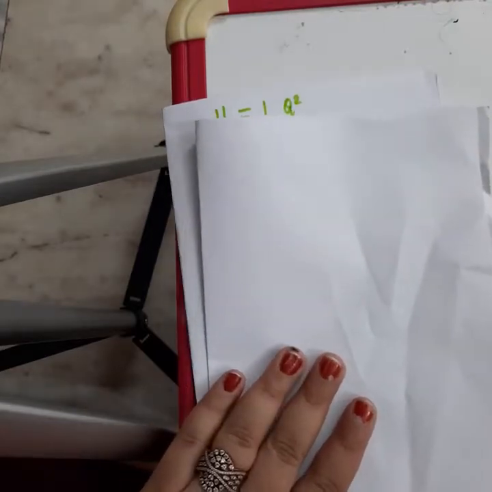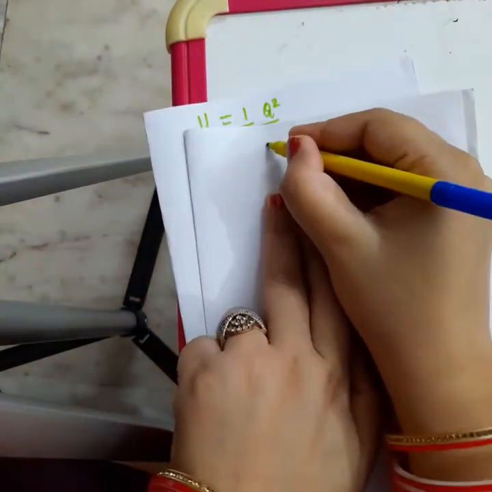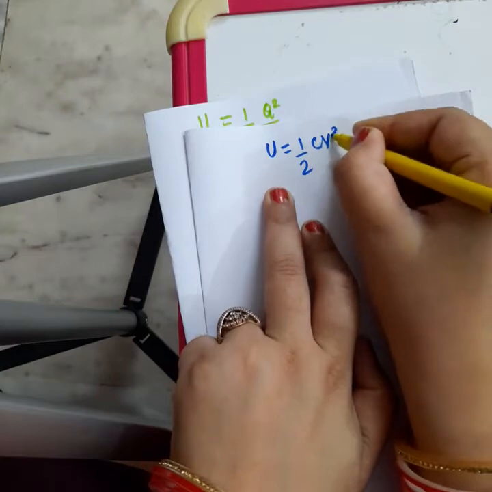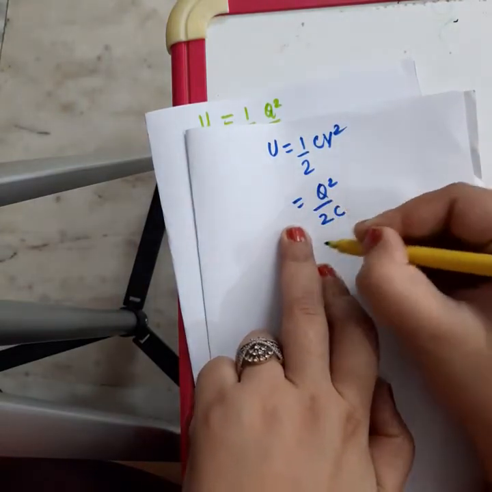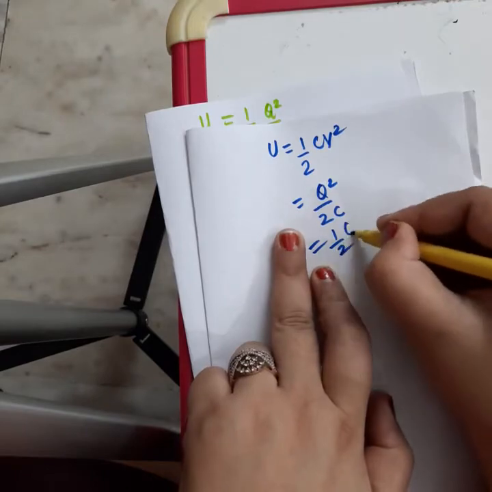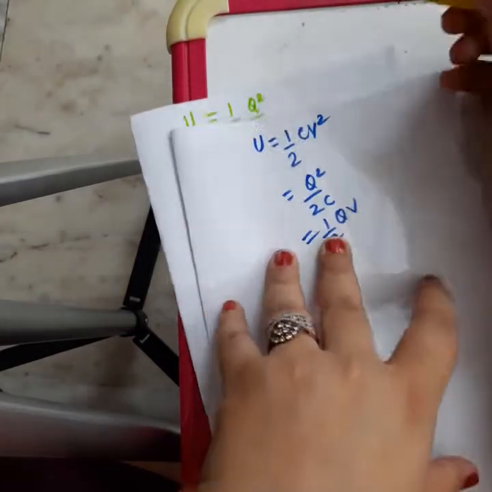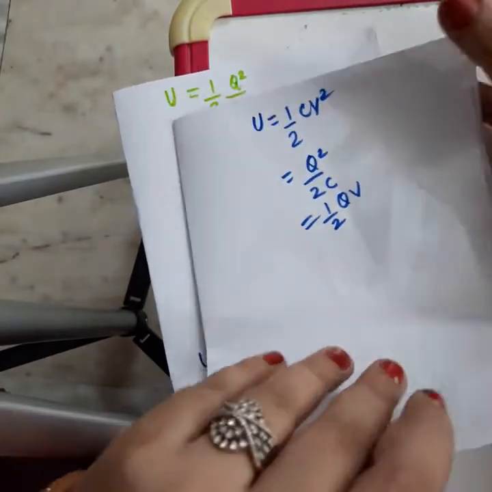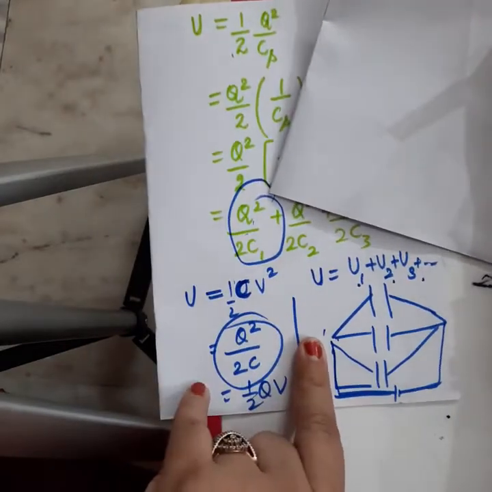See again the same fact, that the energy is given by half CV square, Q square upon 2C and half QV. Okay, so now the concept is which expression will be representing the total energy stored in a parallel combination.